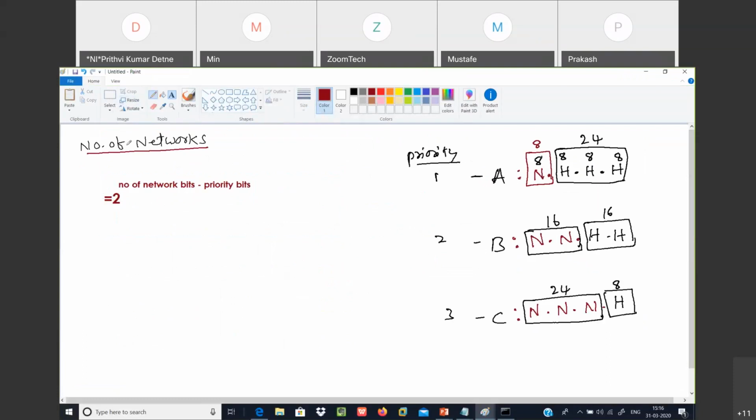Okay, guys? The formula for class A, class B, class C is the same: 2 to the power of number of network bits minus priority bits.